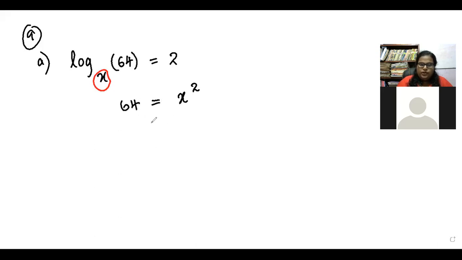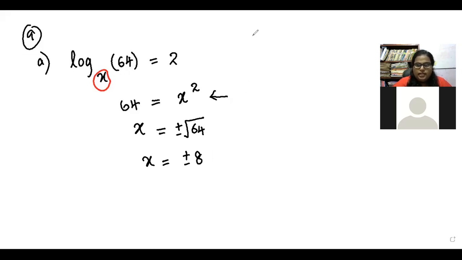And when you are solving this, it is a very familiar quadratic equation for you. So we can solve this one: x equals plus or minus the square root of 64. So x equals plus or minus 8, right?